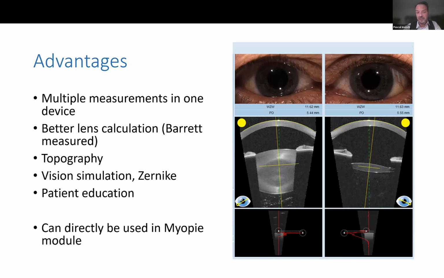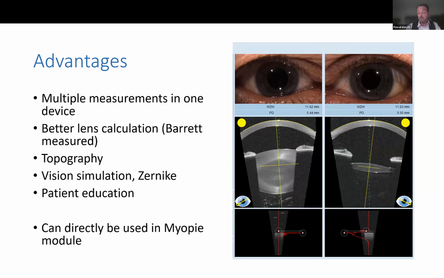It's not only a mathematical model about the presumed astigmatism, it's the really measured astigmatism of the posterior surface that's taken into account. Of course, you have a topography, you have these Zernike aberrations and the vision simulation, and you can really use it, as I showed here, by patient identification.